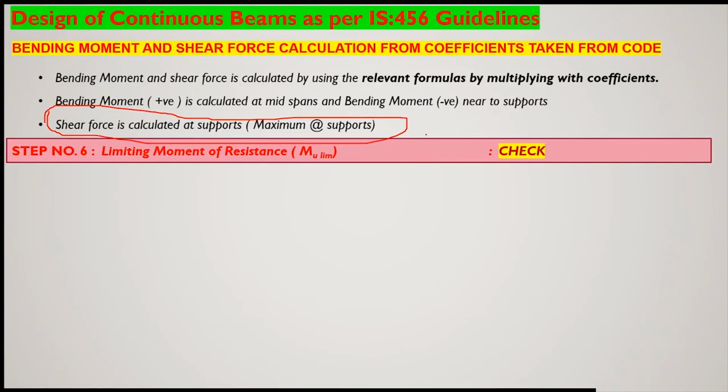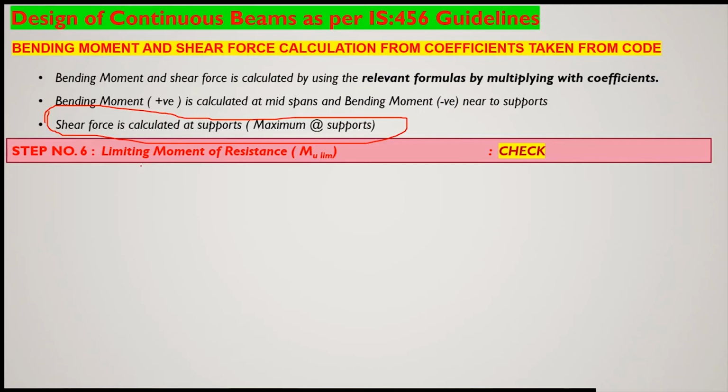You have to pick the shear coefficients from Table number 13, just like we picked the moment coefficients from Table number 12. From Table 13 you get the shear coefficient, and by multiplying it with WL you get the shear force values. For detail, when we do the design problem, we will do it practically. Now, step number 6.